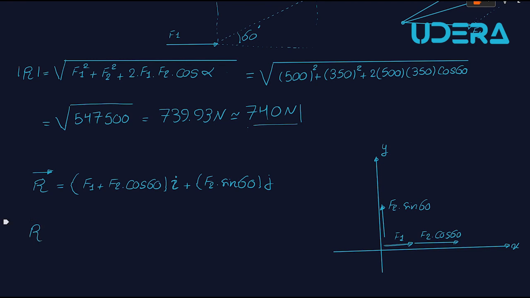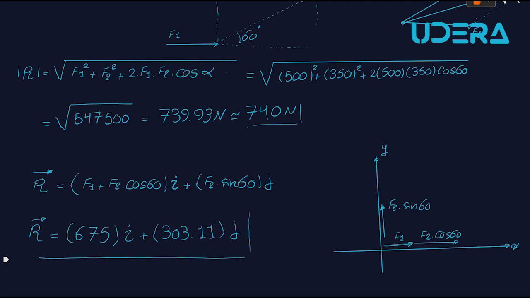Therefore, the vector R will be 675 i plus 303.11 j. So these are the x and y components of the resultant vector R.